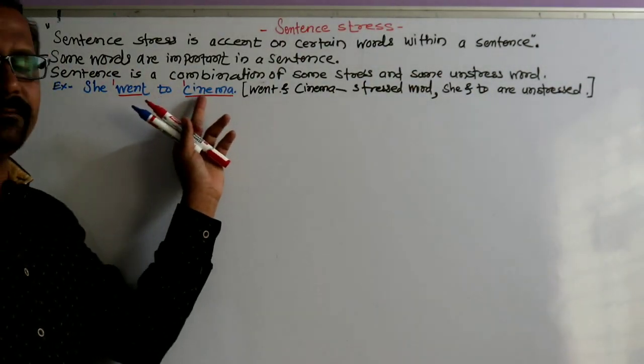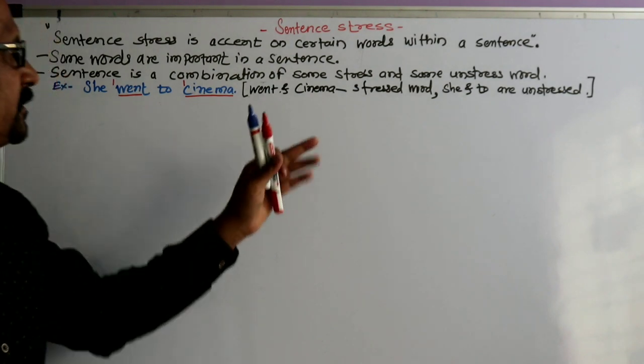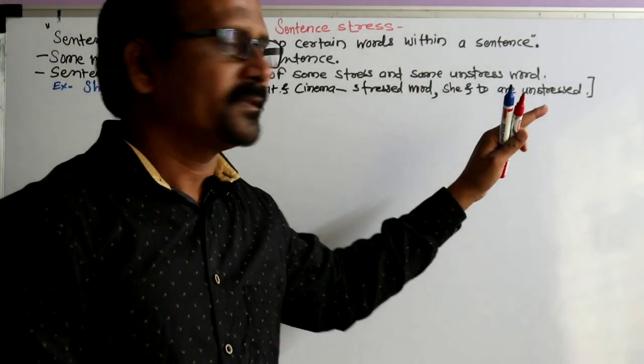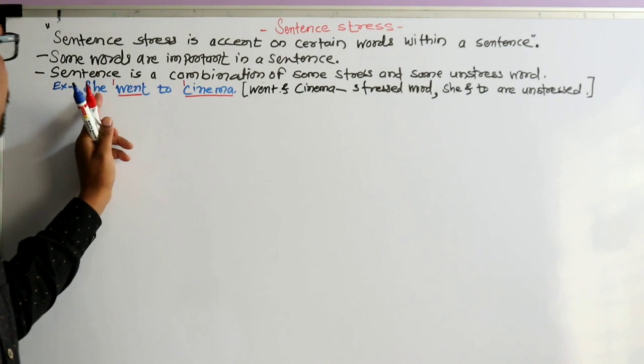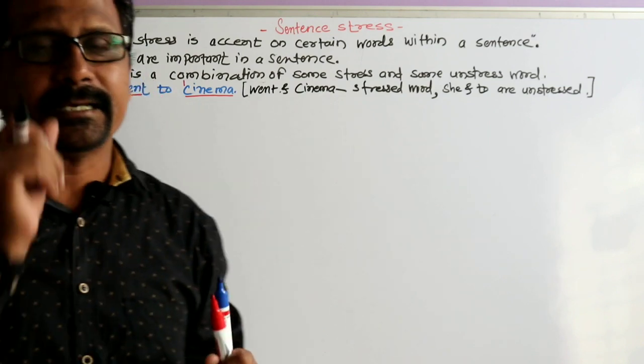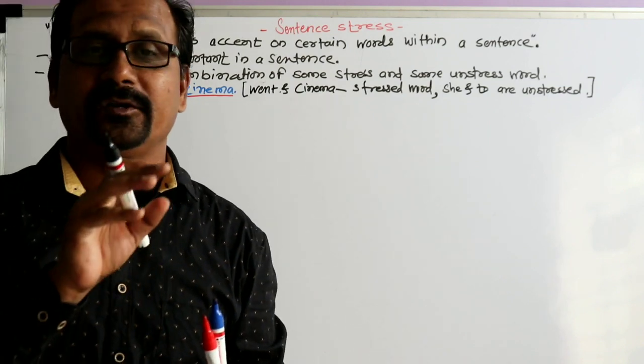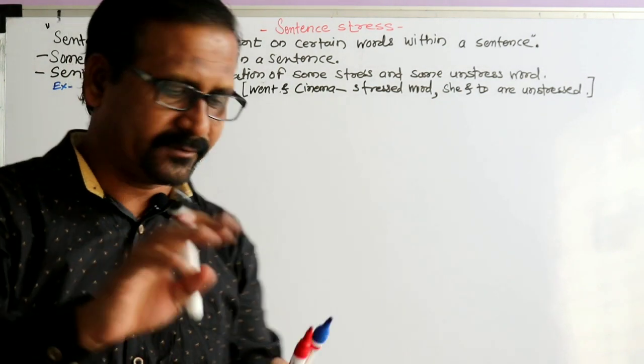Went and cinema, both words are very important, so they are traced there. And she and to, these are untraced words, these are not important words. We'll take one more example.